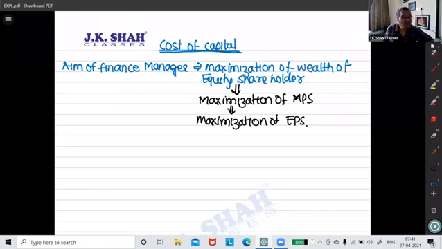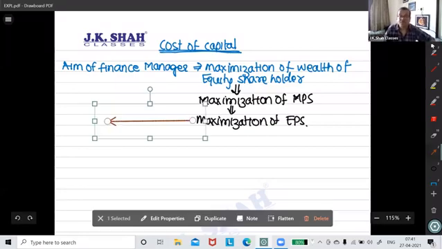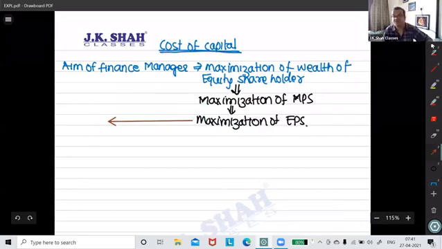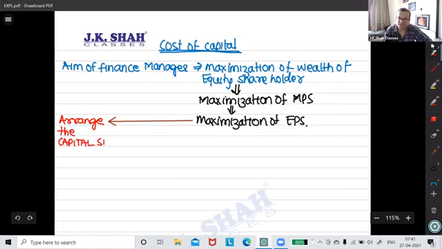Correct? So for maximization of EPS, one part we have seen is to arrange the capital structure efficiently. Where we have seen this in the topic of capital structure.